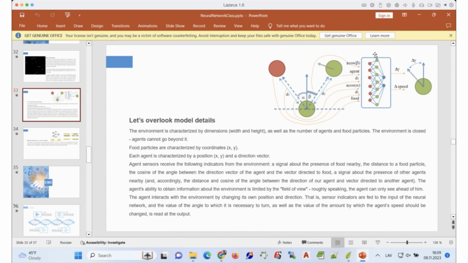And all these things are used as input data, the same as parameters of the person in previous slides.